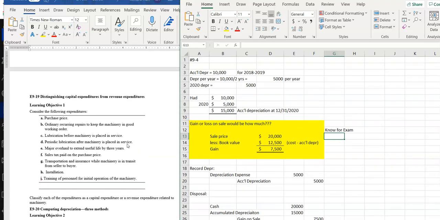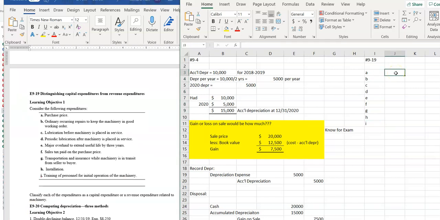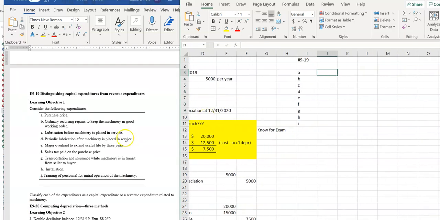All right, this one you're just supposed to tell me if it is a revenue expenditure or a capital expenditure. So we have A, B, C, D, E, F, G, H, I. Okay, so consider the following expenditures.